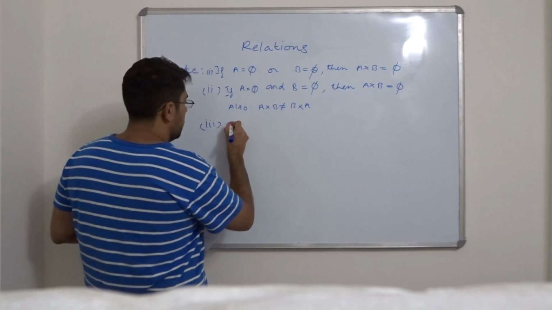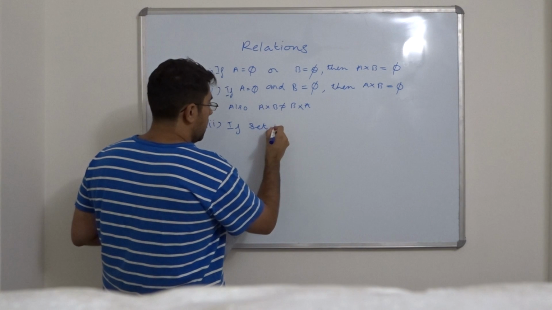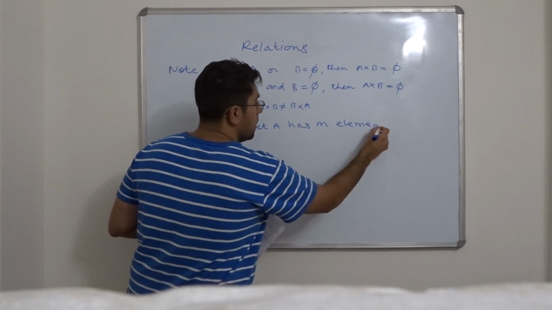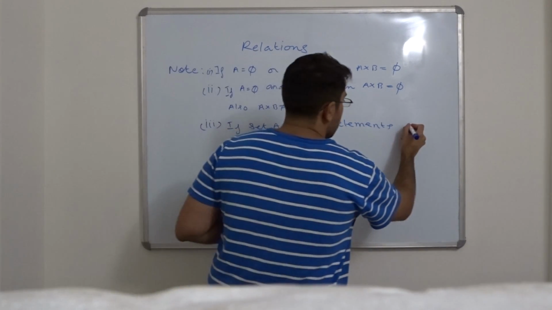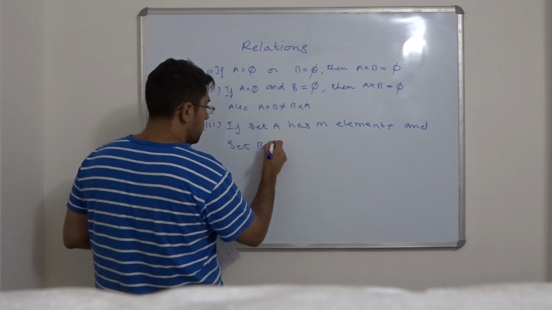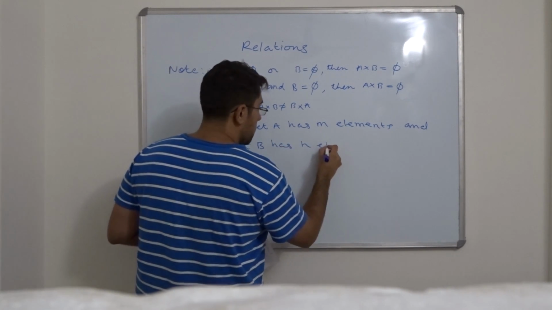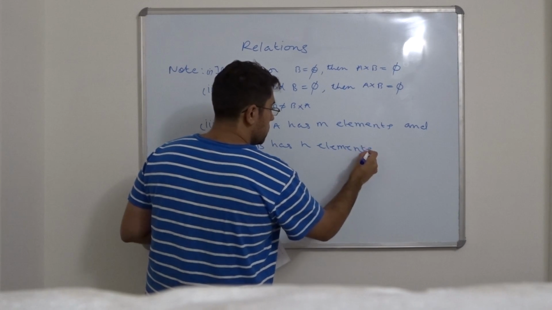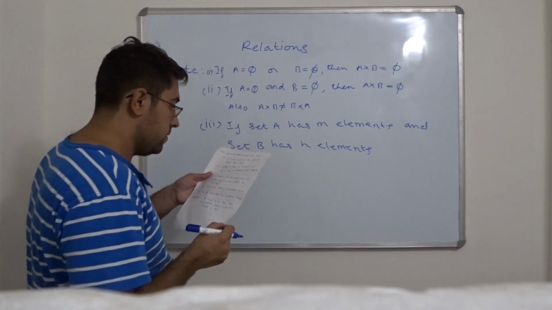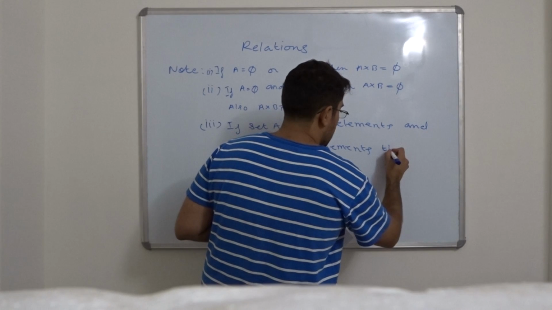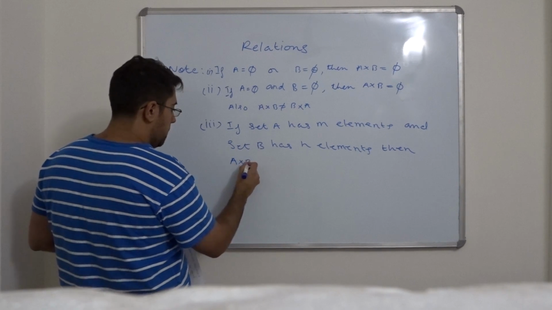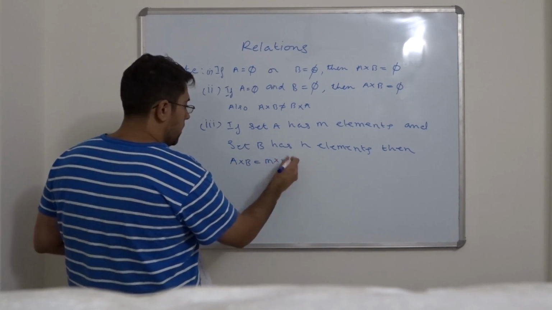Okay guys, if set A has m elements, and set B has n elements, then the number of elements in A times B will be equal to m times n.